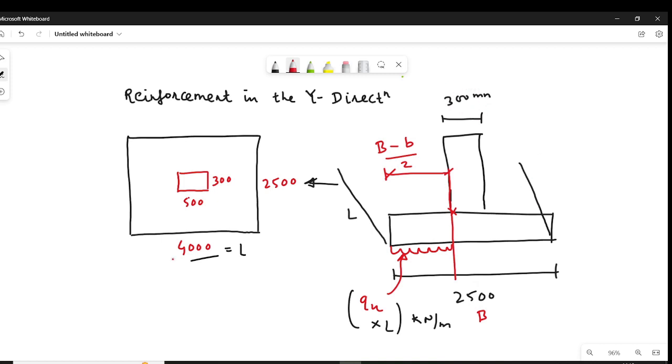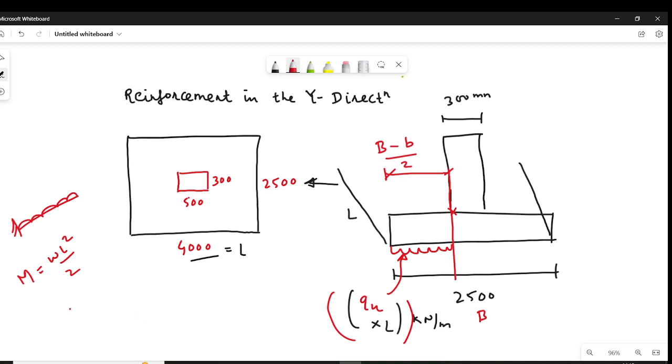You know, when a cantilever beam is subjected to UDL over the entire span, the maximum bending moment formula is WL square by 2. Here QU into L is our W, and our length is (capital B minus small b) divided by 2.